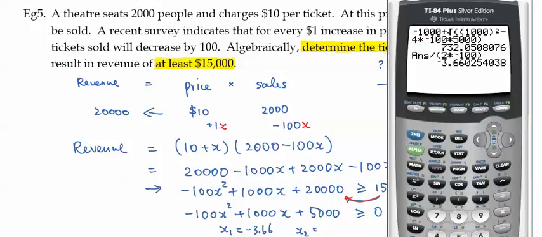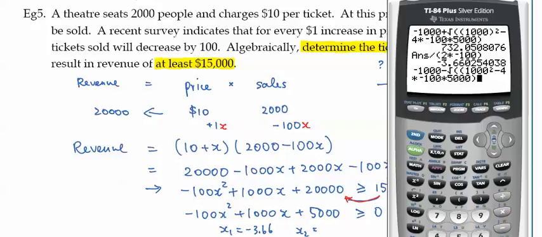I need to use the quadratic formula again with the minus here. So I will go negative 1000 again, minus the square root of b squared minus 4 times a times c.